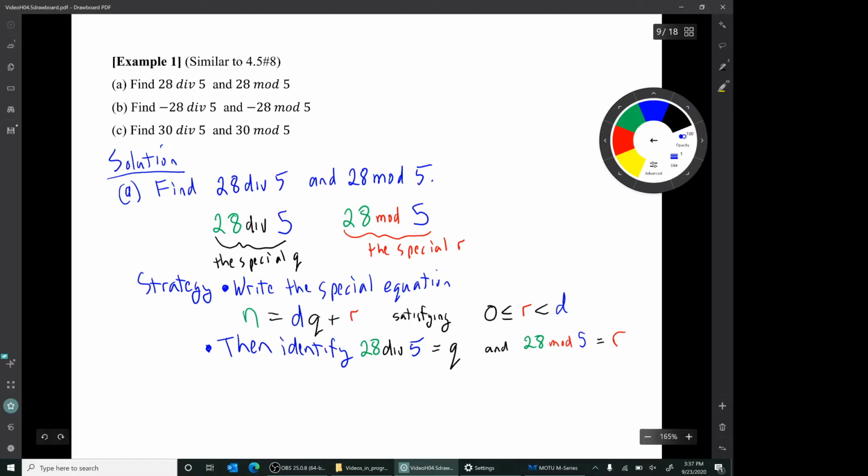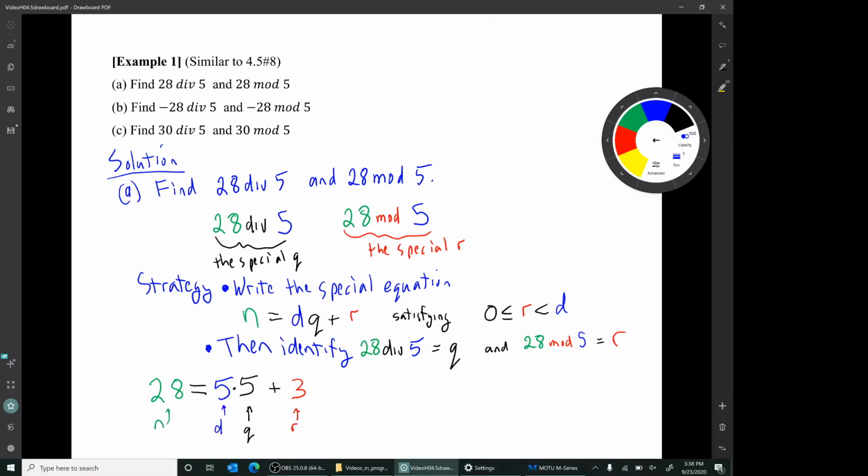So what is the equation that works? All right, so you see that we have our special equation that's in special qrt form.